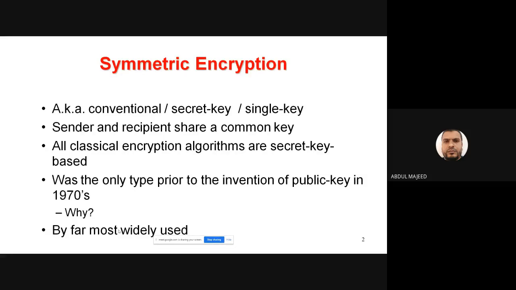To bring more strength to security, from 1970 they introduced the concept of public key. Public key means more than one key is used. One key is used for the encryption process on the left-hand side and another key is used for decryption on the right-hand side.